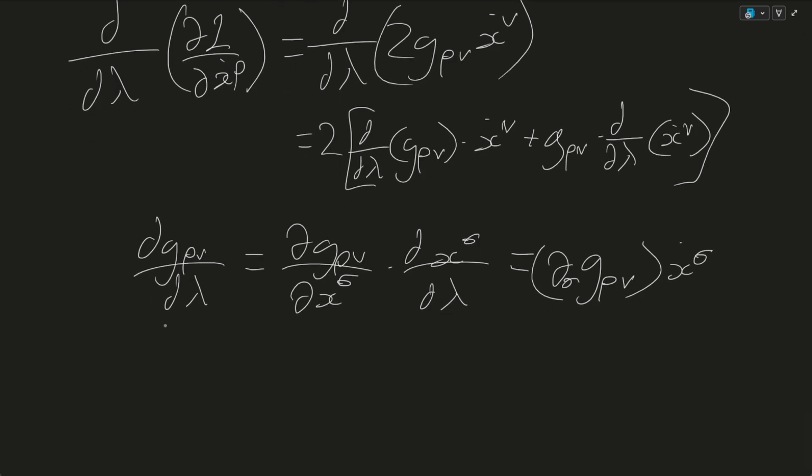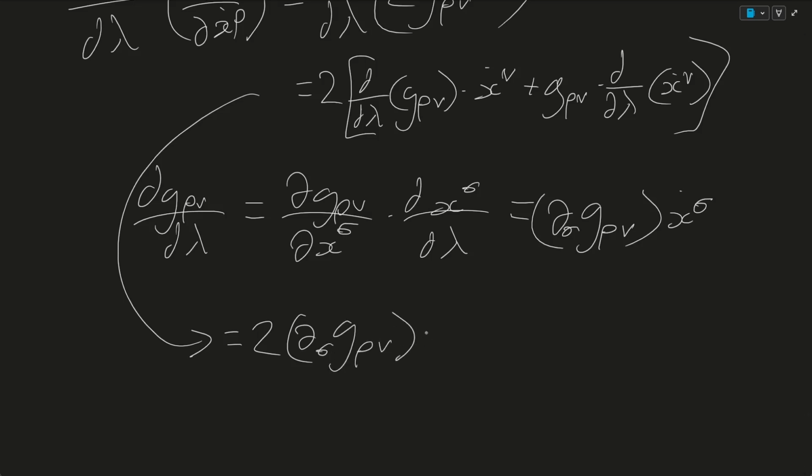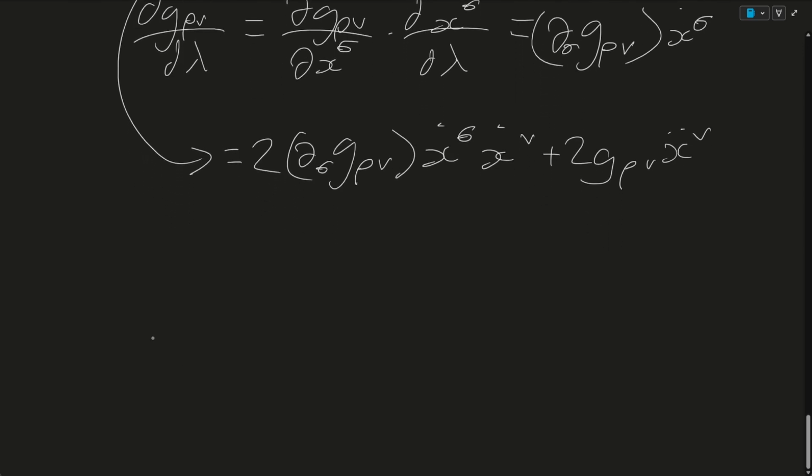So that's just a useful expansion. So then we can say that this continues to be 2 times that, essentially. 2 partial sub sigma g rho nu x dot sigma x dot nu plus 2g rho nu x double dot to the nu. Okay, right, so we've worked out what everything is. And we can equate the position and time derivative terms now.